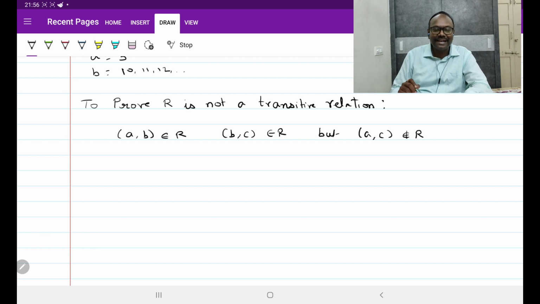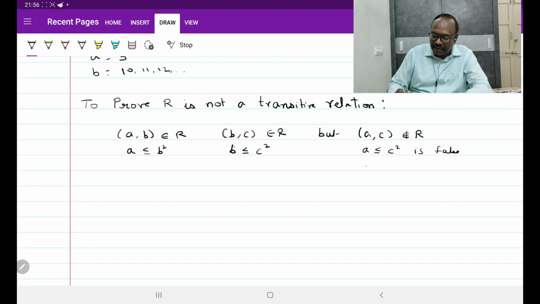So we should be able to create an example where the ordered pair (a, b) belongs to a relation R, (b, c) belongs to the relation R, but (a, c) does not belong to the relation R. Which means a should be less than or equal to b square. (b, c) belongs to R means b should be less than or equal to c square, but (a, c) should not belong to R, which means a less than or equal to c square is false.